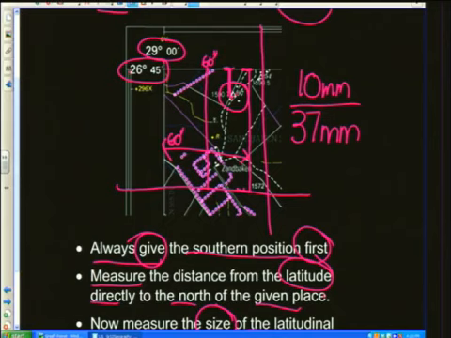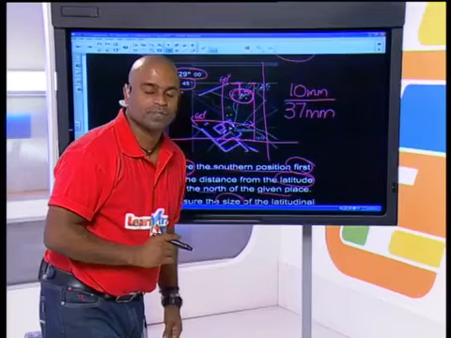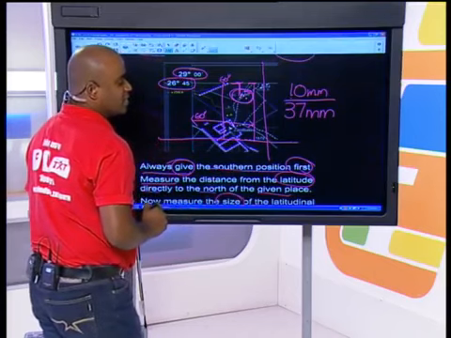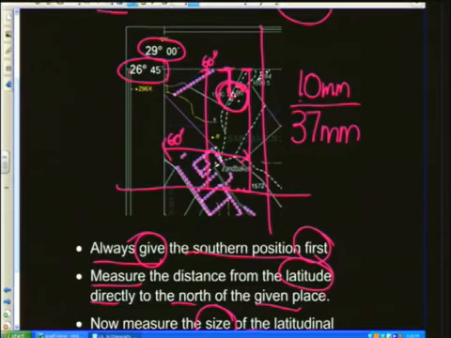However, note that between this line of latitude and this line of latitude, if it is 60 seconds, the trig beacon has a much shorter distance to cover in terms of time. And in this example, we've estimated it to be 10 millimeters. Note, that is the distance. The distance between two lines of latitude is 37.